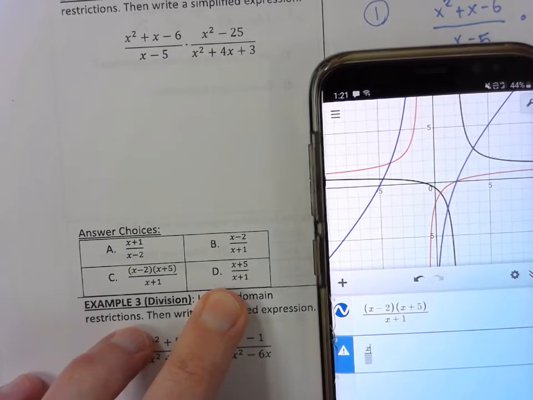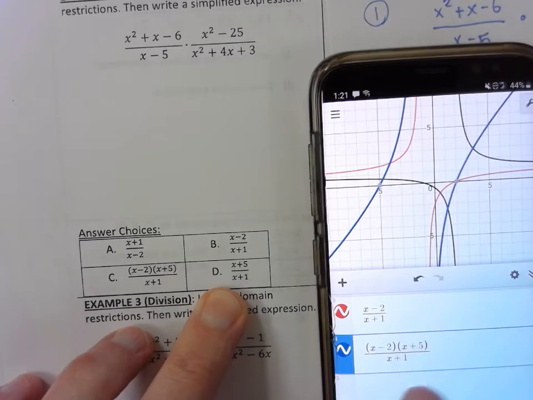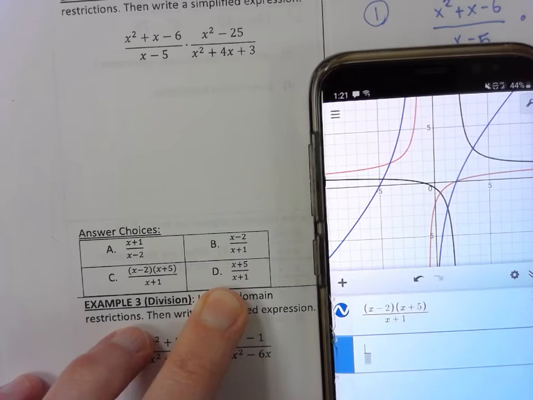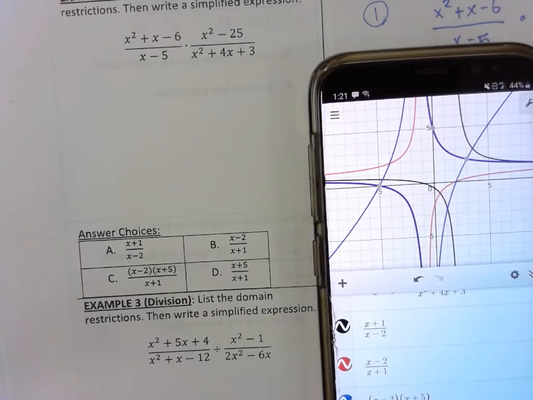And I'll hide each problem. You can hide the graphs.